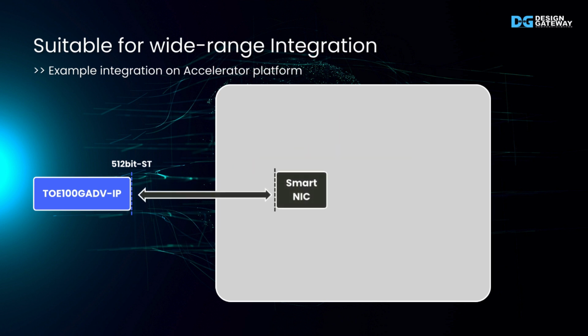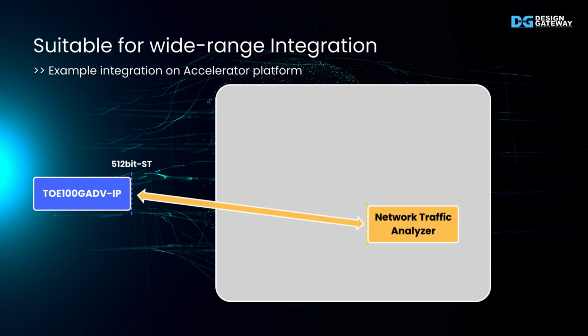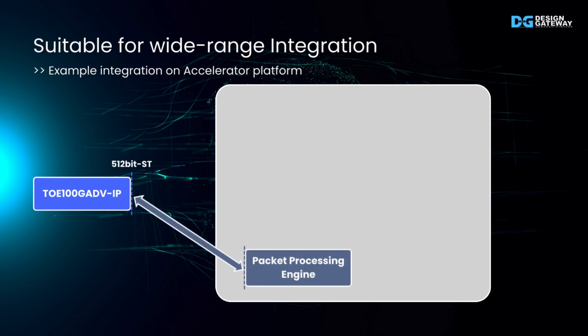SmartNIC: integrates with a SmartNIC framework to provide a low latency and high throughput TCP communication channel for competitive performance in your network infrastructure environments. Network Traffic Analyzer: facilitates in-depth analysis of network traffic patterns and statistics for network monitoring and optimization purposes. Packet Processing Engine: enables efficient filtering, routing, and security checks on network packets.